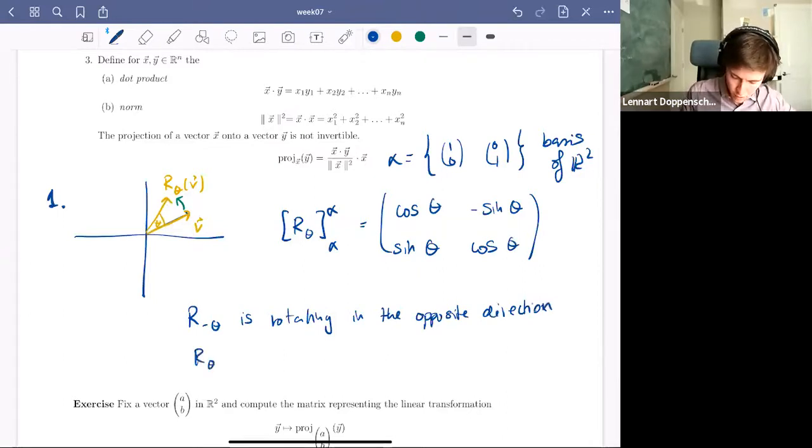So this means R theta composed with R minus theta is equal to the identity operation on R2.